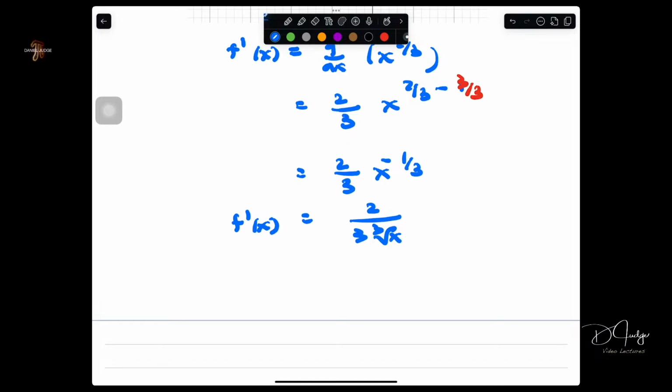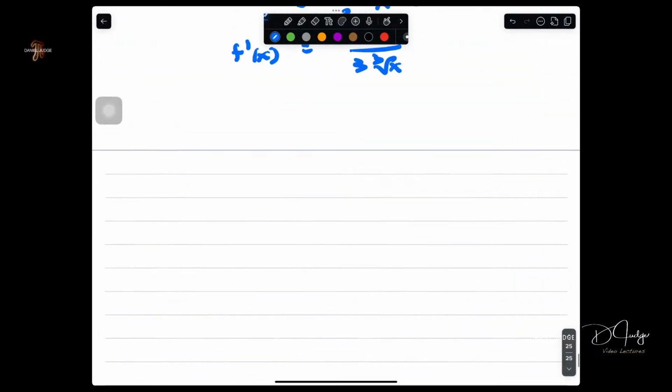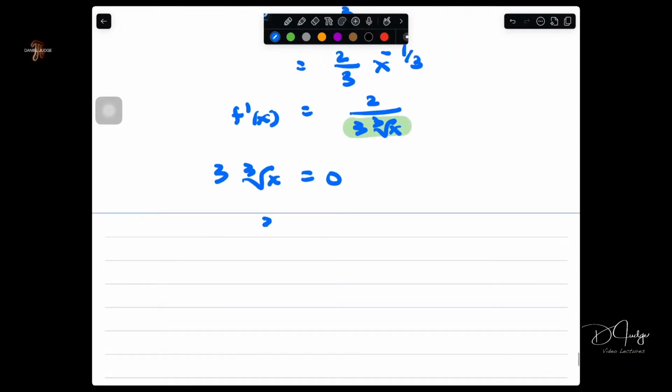Now, if we're looking for critical values, we have to find where the derivative equals 0, or where the derivative does not exist. And the derivative will not exist if we set that denominator equal to 0 and solve for x. And we get the cube root of x is 0.